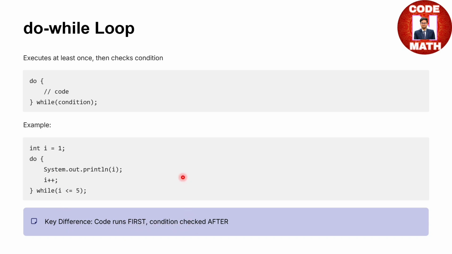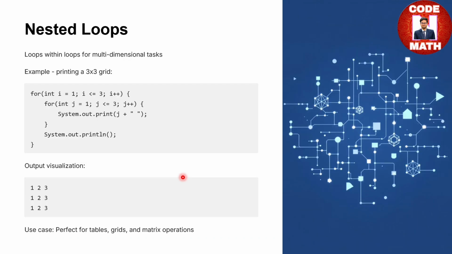So moving to the next loop, that is the nested loop. A loop inside another loop. That is not a different type of loop, but it is a loop inside another loop. If we talk about a practical example, think of a school timetable. Rows are equal to days, columns are equal to subjects, meaning two loops working together.